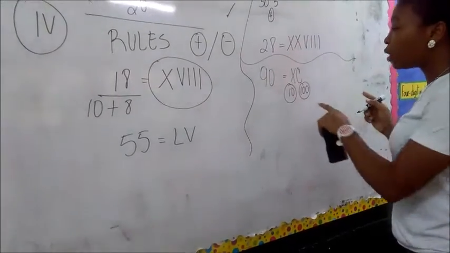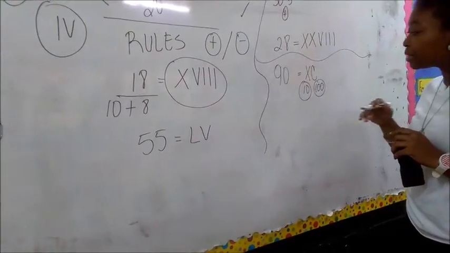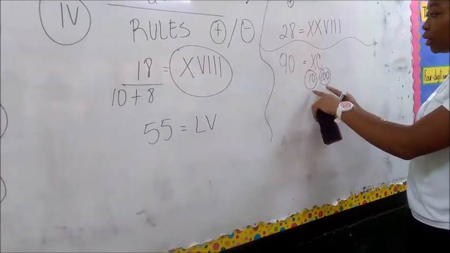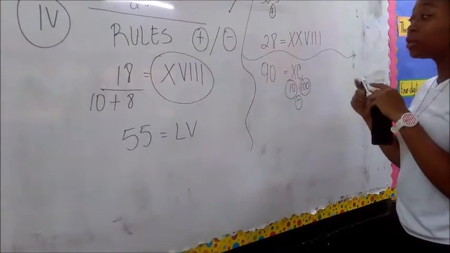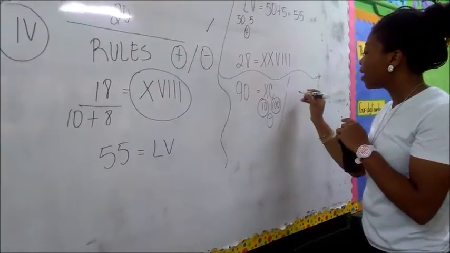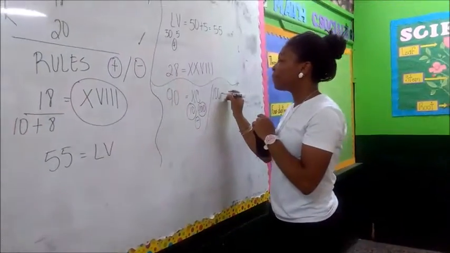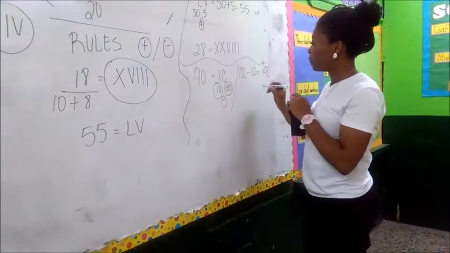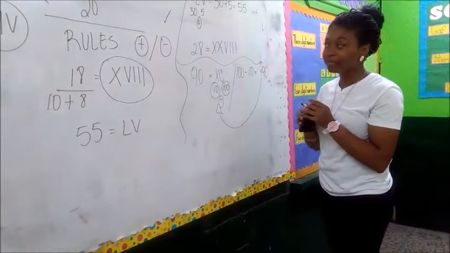We know that the number 9 is less than the number 10, so it's the same in here. So the thing that we're going to use is subtraction. If we subtract, we're going to use the rule 100 minus 10, which is going to be 90. That is the symbol that we have here.